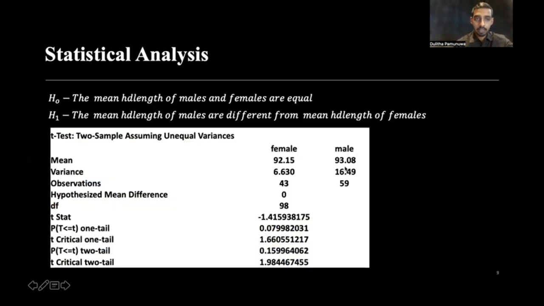And for statistical analysis, a two-sample t-test assuming unequal variances was carried out to identify whether there is any significant difference between the mean head lengths. As for the analysis we have done, you can see in this slide. Thank you. So I'll be transferring the presentation to the next student.